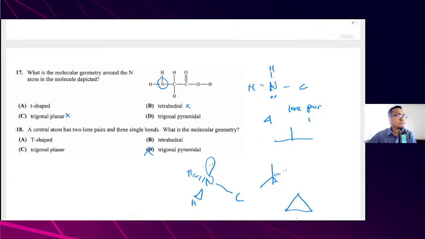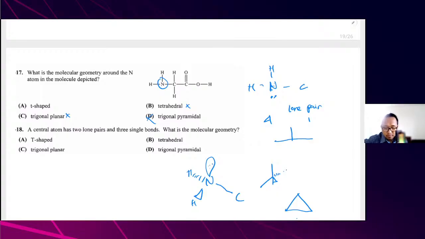Let's see. Yeah, it should be D, bro. Number 18, not T shape. Oh, no, no, no. Number 17. Yeah, 17, good.